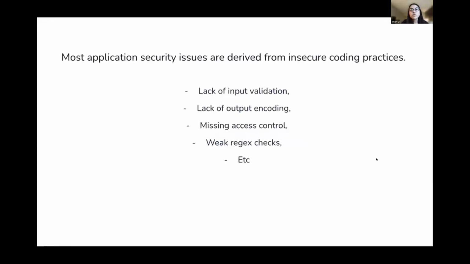And issues like cross-site scripting and different kinds of injection can be caused by a lack of output encoding or a lack of input validation. And issues like insecure direct object references, or IDORs, or information leaks are often caused by missing access control.